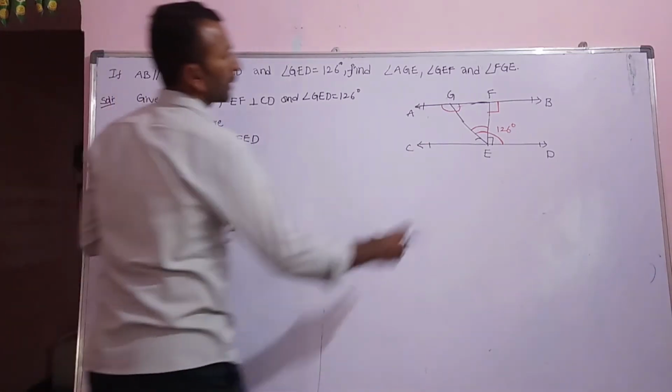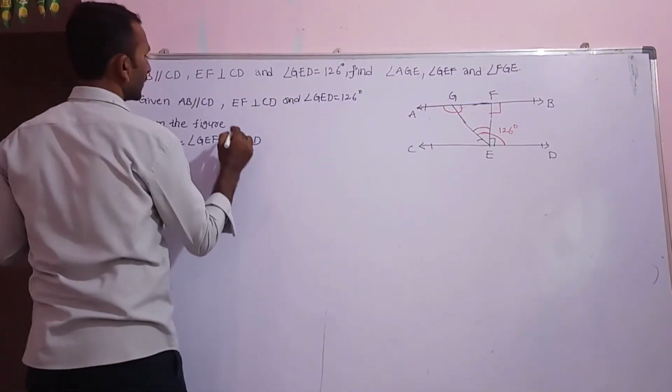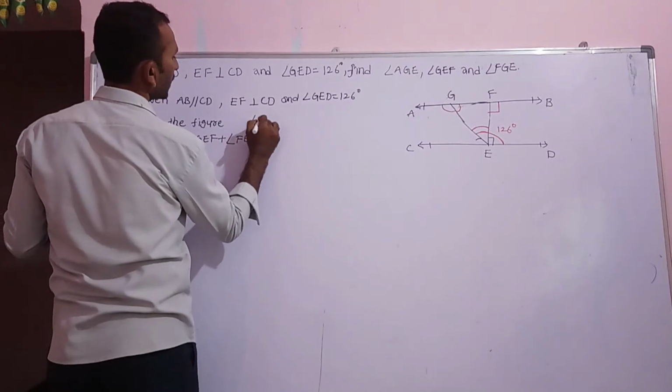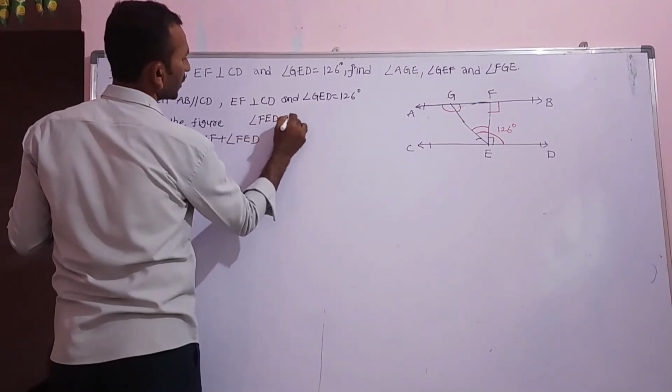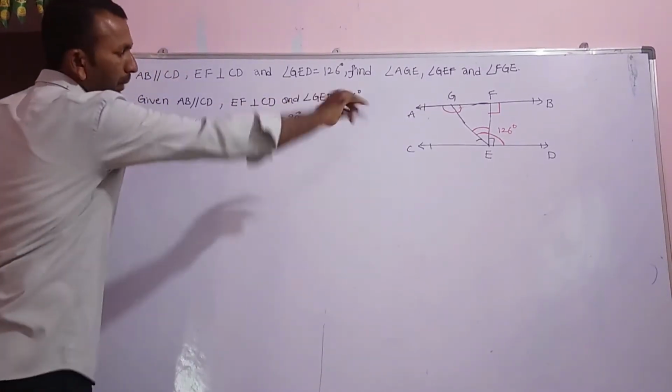And we can say here angle FED equals 90 degrees, because EF is perpendicular to CD.